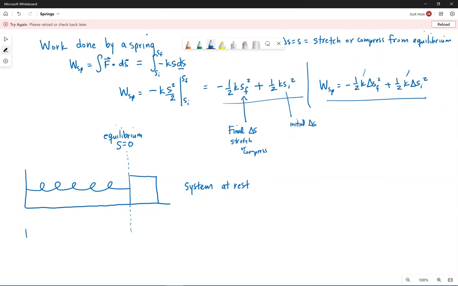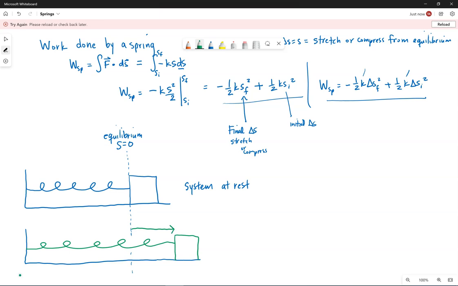If I take the same system, and that floor is supposed to stay horizontal, and I pull the mass to the side, this would be my S initial or delta S initial, whichever way you want to look at it.